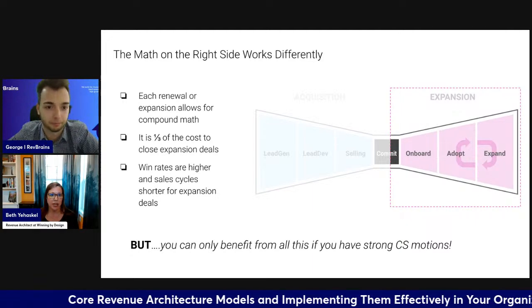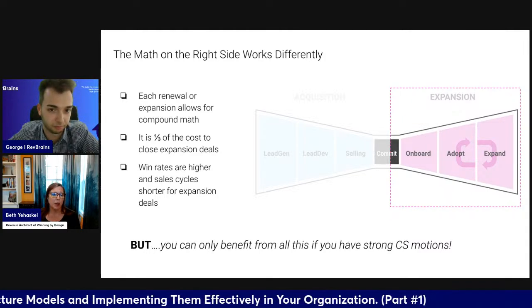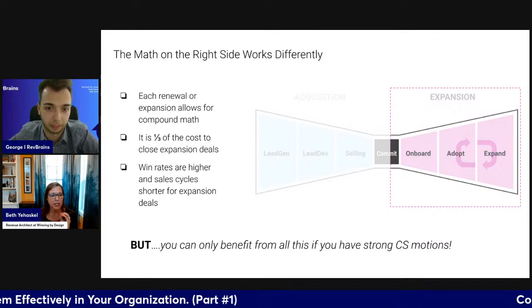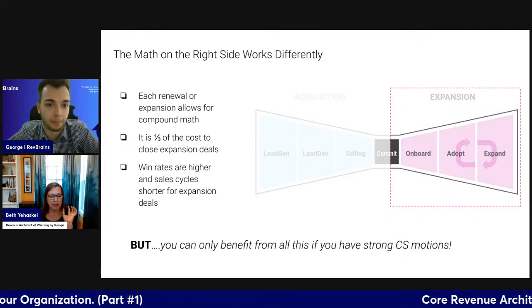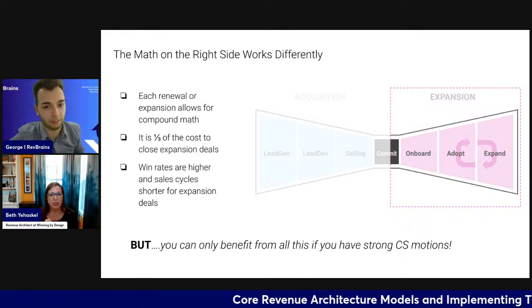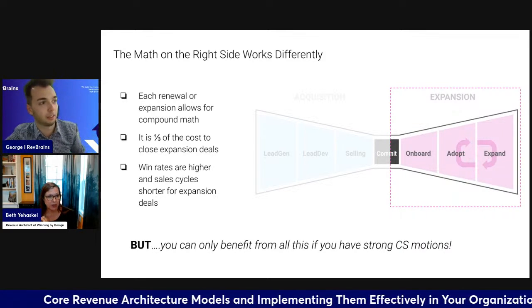That's completely great. And this slide continues to talk about the point you made, George, just a few minutes ago, that the right side of the bow tie really needs to be taken for what it is, which is a growth engine. Because renewals and expansion allow you to take advantage of compound math in a way that you can't do on the left side.